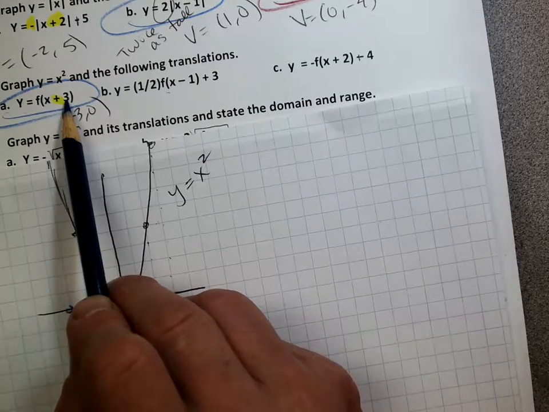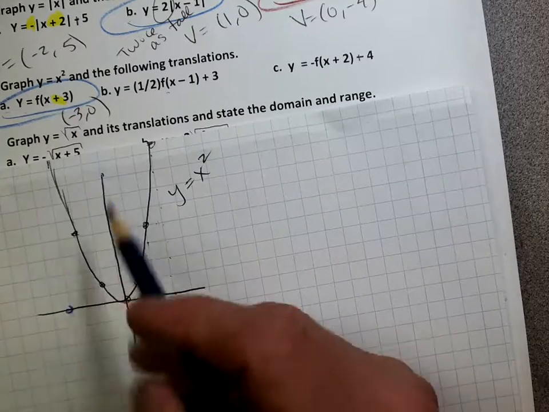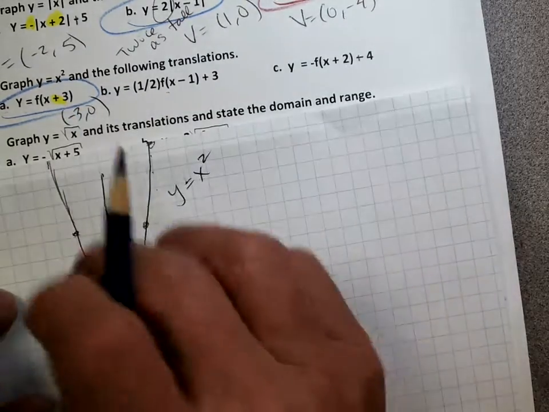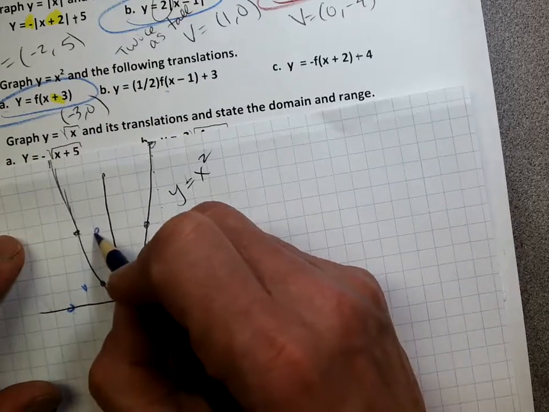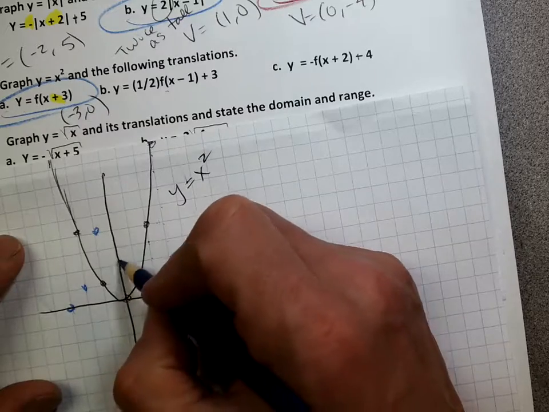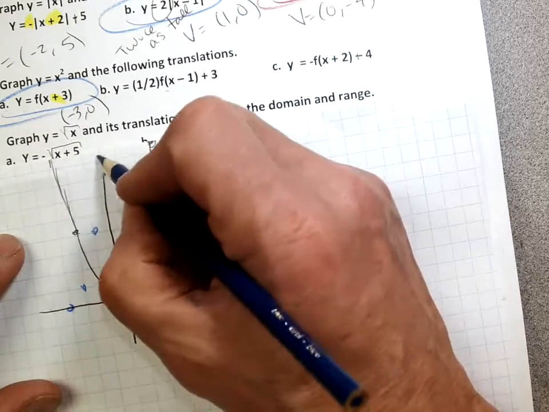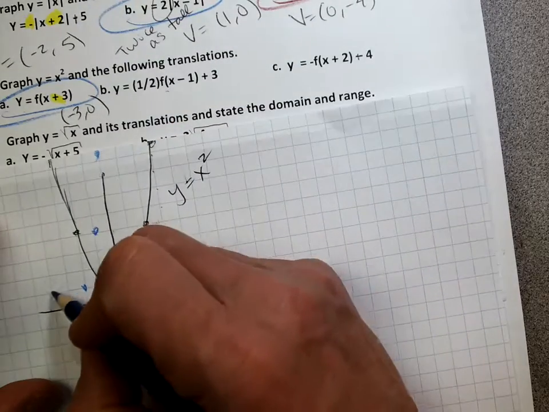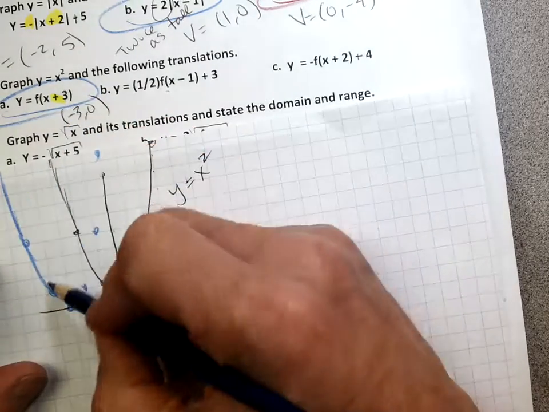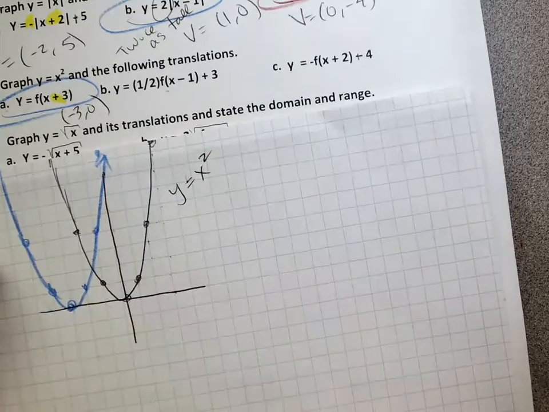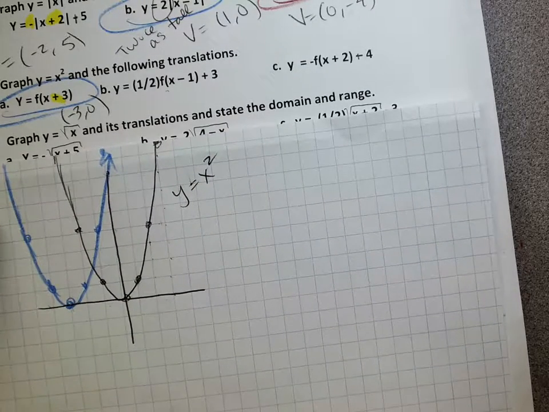Inside movement is horizontal. So I'll do the same exact picture here: 1, 1, 2, 4, 3, 9, and of course it's symmetrical. So there it is in blue.